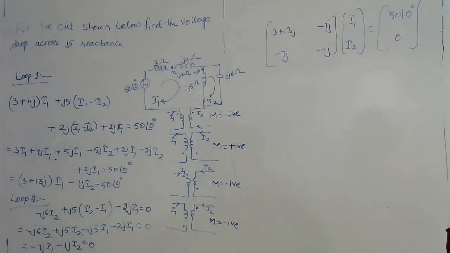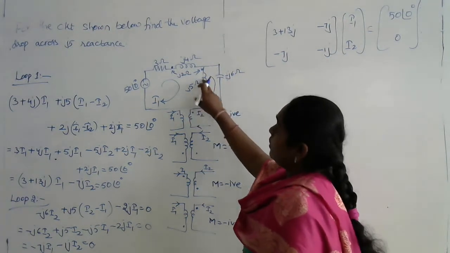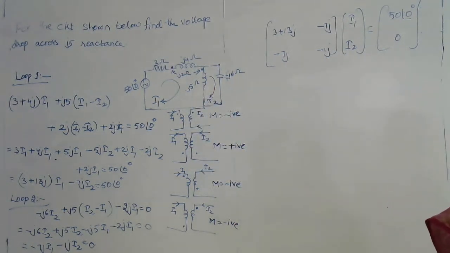And the next one is, we need to find out the voltage drop across the J5. Voltage is current into resistance or reactance, so V is equivalent to I into R. So the current flowing in J5, we can write it as I1 minus I2 into J5, or in simple words I2 into minus J6, because the voltage present at the J5 is equivalent to the voltage present at the J6.